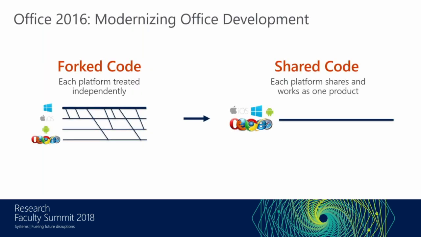So let me give you an idea of what Office has been doing and working on with Office 2016. I mentioned before that each one of the products were shipping out of a different code base, each independently forked, run by different teams. In Office 2016, ever since we shipped in 2015, we've been working on trying to get all of the code into one code base.